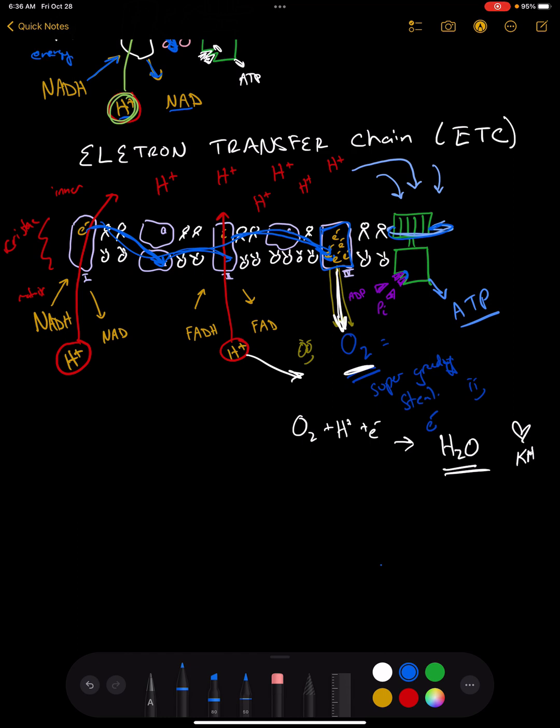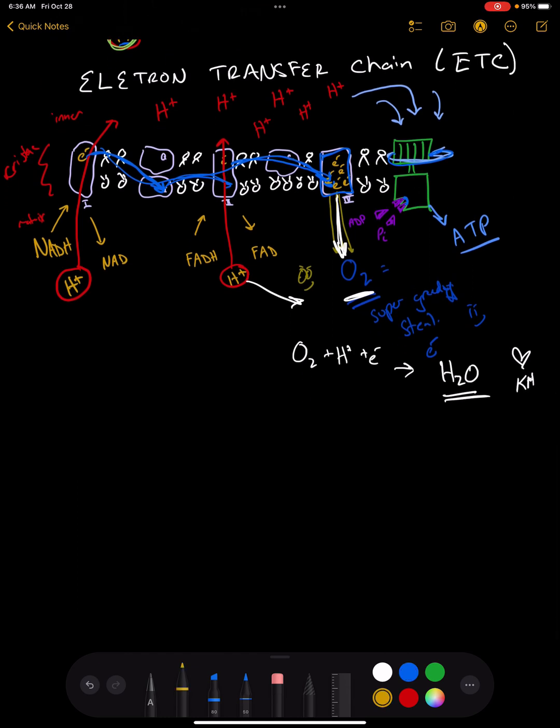Now, this entire process is going to create a proton gradient, because I'm shoving them from a high to a low, and then they fall back. This is a pretty special proton gradient because I'm doing chemiosmosis, right? So just remember that word.